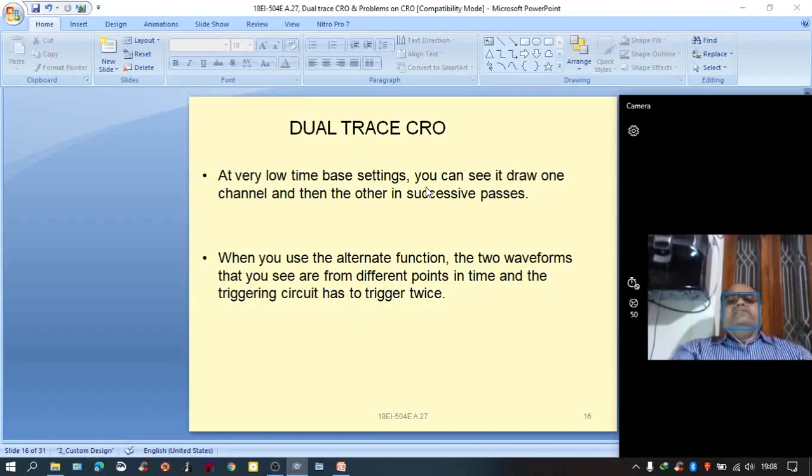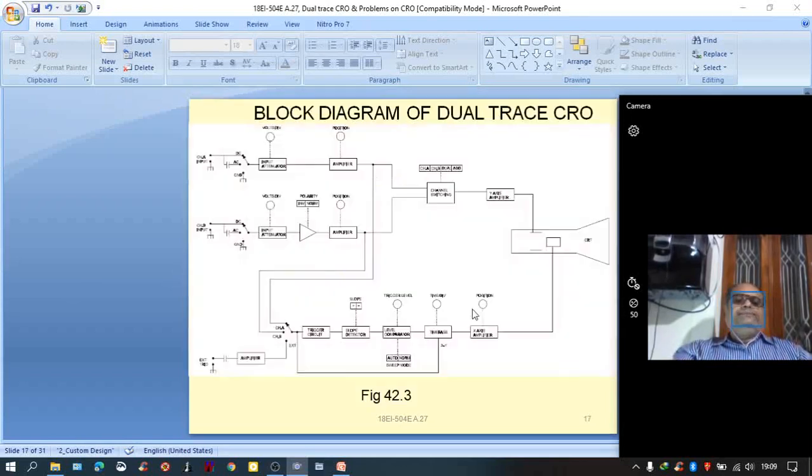So that is how you can see stable displays of both the waveforms at very low time base settings. When you use alternate function, the two waveforms that you see are from different points in time, and the triggering circuit has to trigger twice.